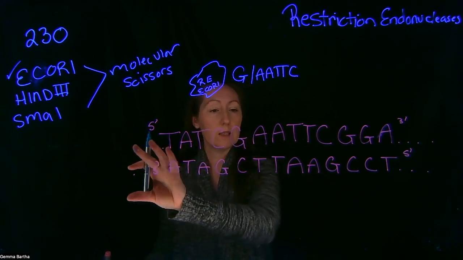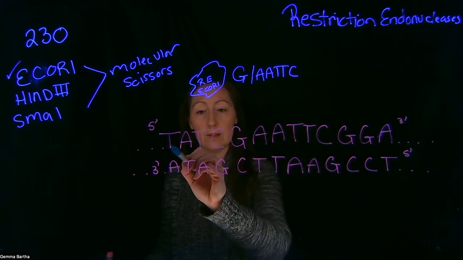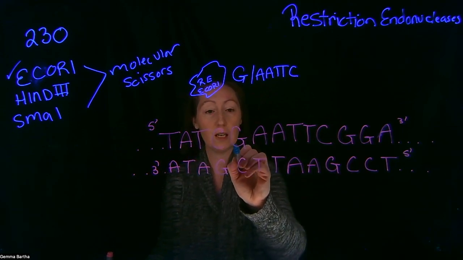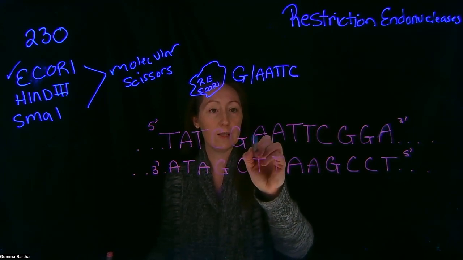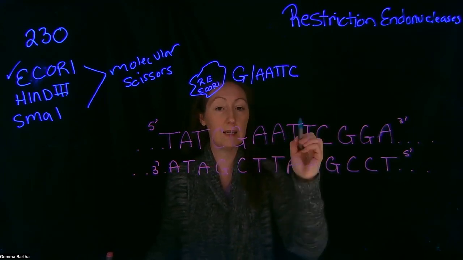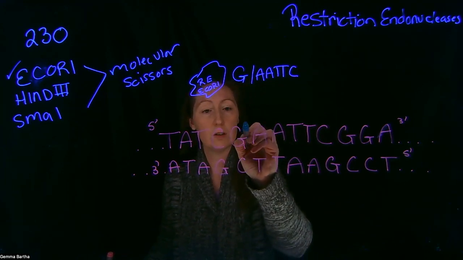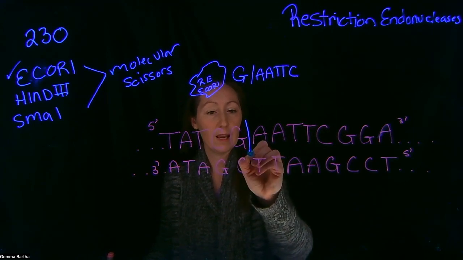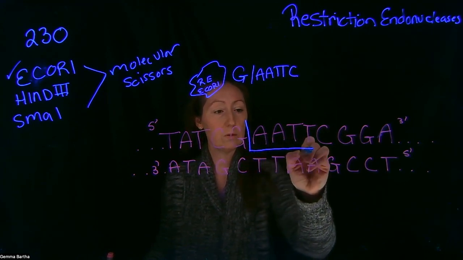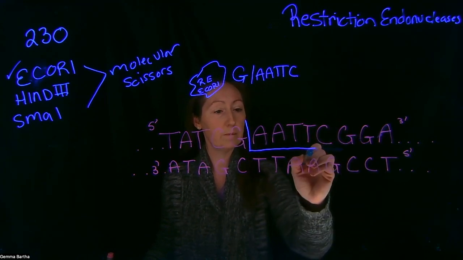So EcoRI is going to go through this line of DNA, and it's going to look for TATCG, finds that G, and then it looks, does it have the AATTC? It does. And so this restriction enzyme is going to break this sugar phosphate backbone. It's going to break through those hydrogen bonds. Oh, we went a little too far.